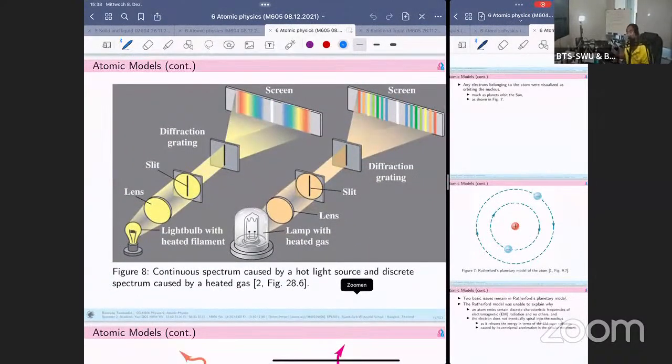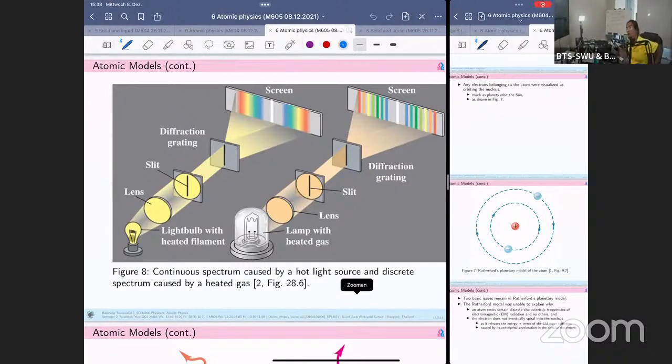Now let's consider the continuous spectrum caused by a hot light source, and the discrete spectrum caused by heated gas. This is the light source.